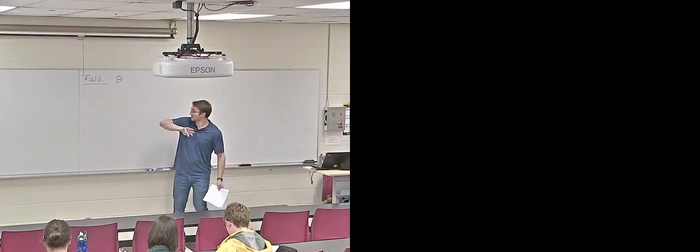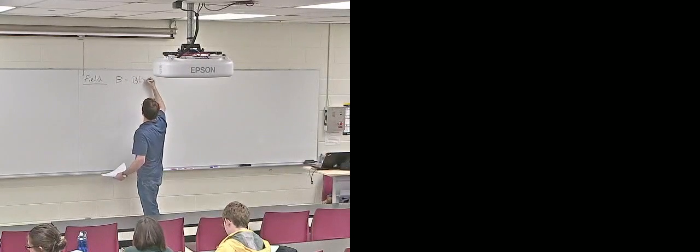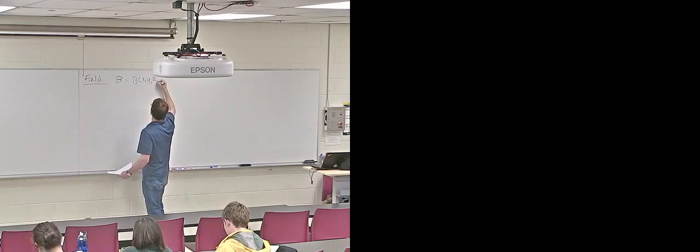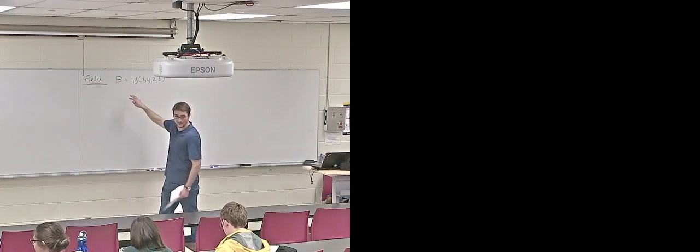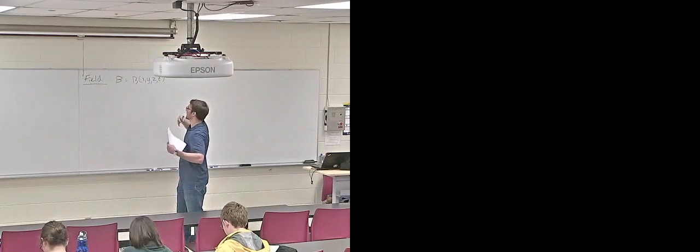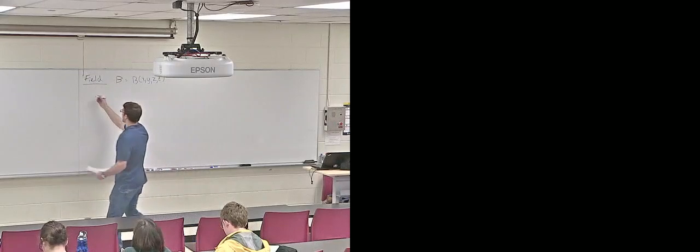It's just b. And the idea is that then we can say b is equal to b of x, y, z, and t, right? And so if we want to take the derivative of b with respect to time, we have to apply the chain rule.